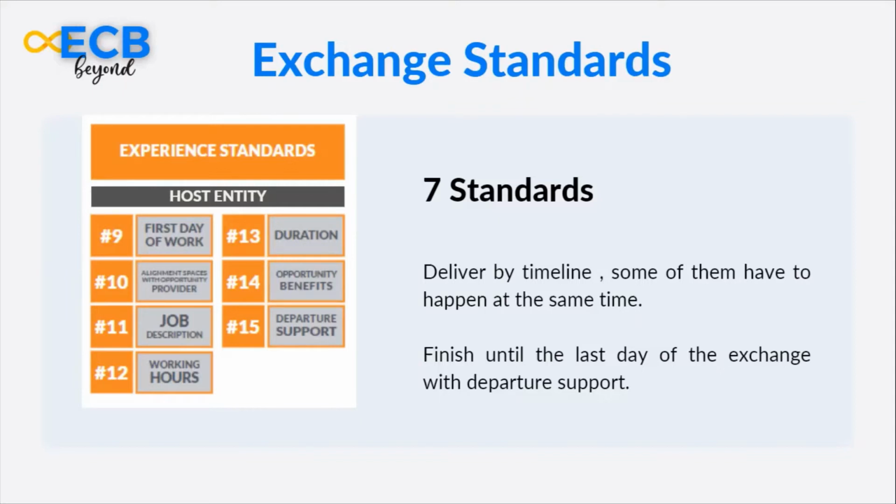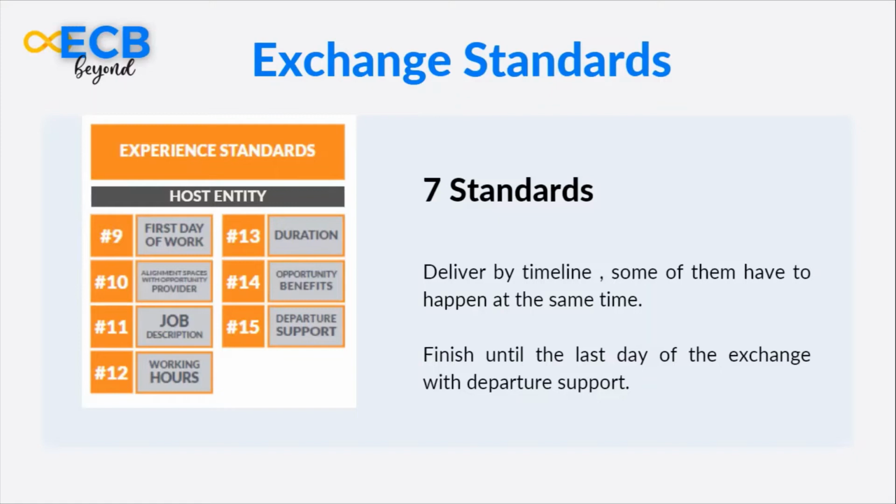You have to have alignment spaces with the opportunity provider. You have to make sure that the EP has a clear understanding of what the job description is, and also the opportunity provider, so they're not expecting different things.